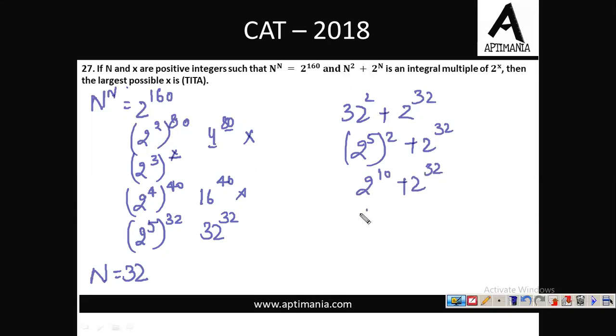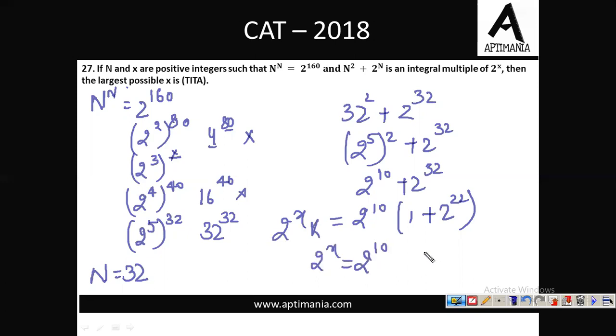If I take 2 power 10 common, I'll be left with 1 plus 2 power 22. So this whole value is a multiple of 2 power 10. On comparing, we have 2 power x equals 2 power 10 and x equals 10, which is the correct answer. For question number 27, the correct answer is 10.